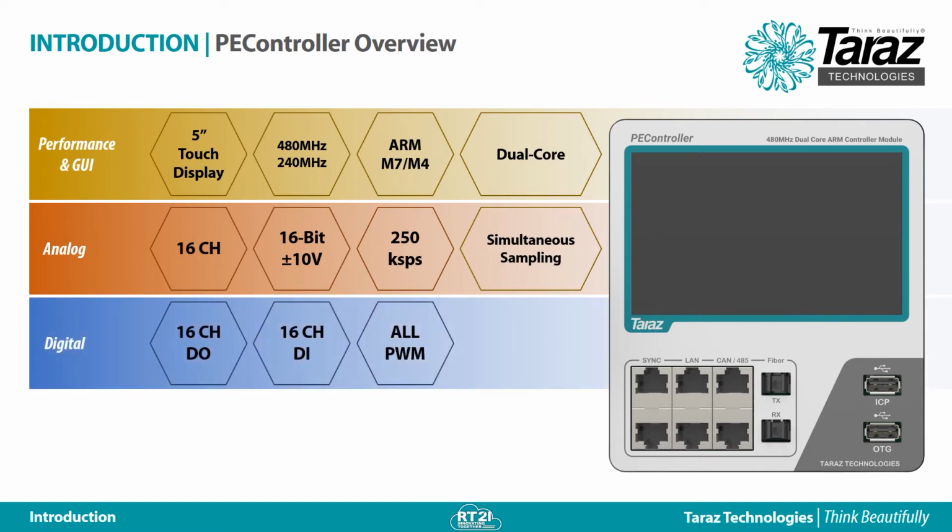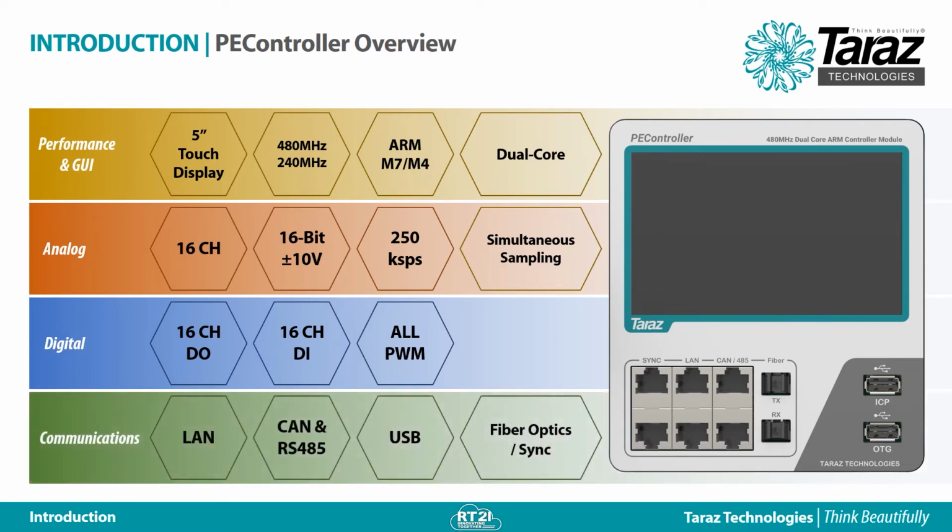Similarly, a 16 channel each of digital inputs and outputs are supported, and all of the outputs are PWM capable. We also designed the PEController to be an industrial controller, so communication protocols such as LAN, CAN, and RS485 are added.